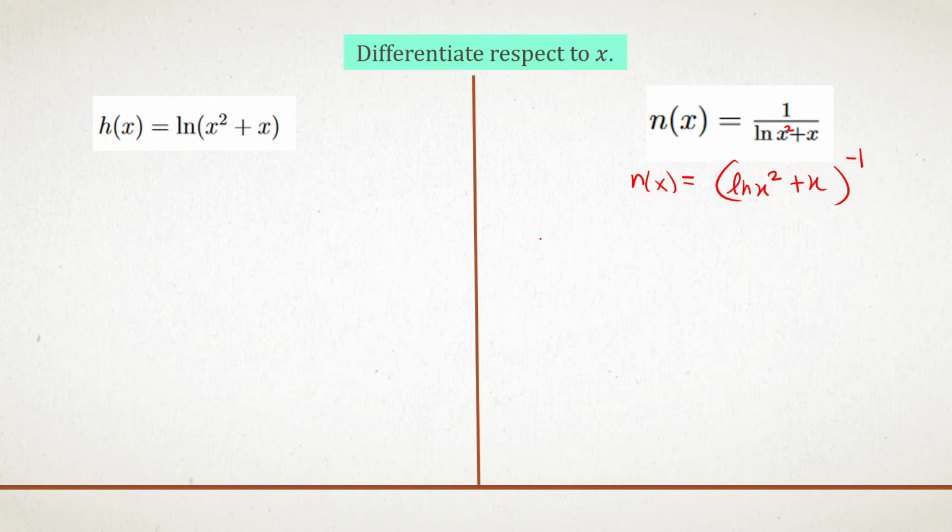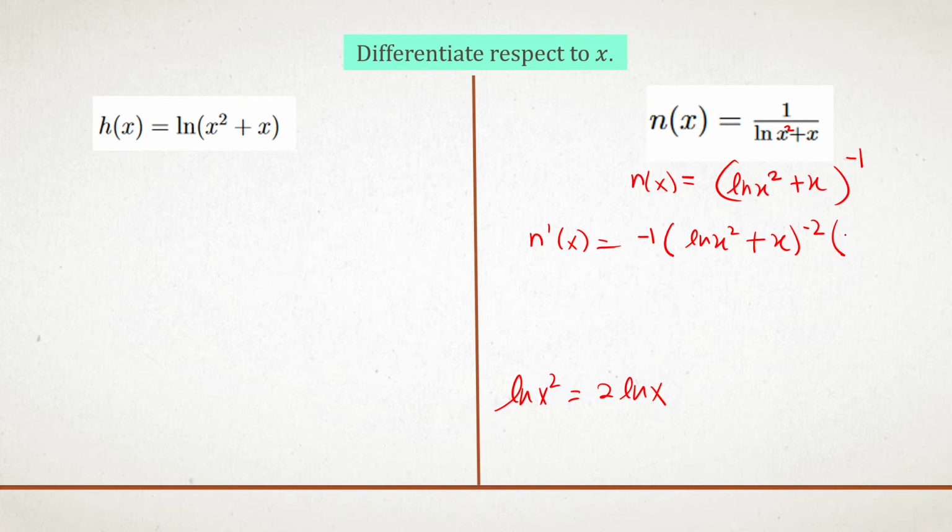So when I want to differentiate, I push this one in front: -1 times ln x to the power of -2, times the derivative of ln x squared. Actually I put here (ln x) squared, which is 2 ln x, so I'm going to have 2 over x. Correct, right?